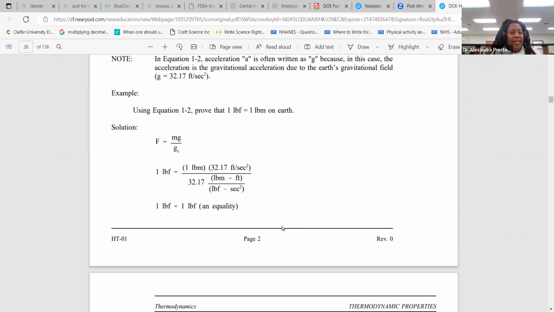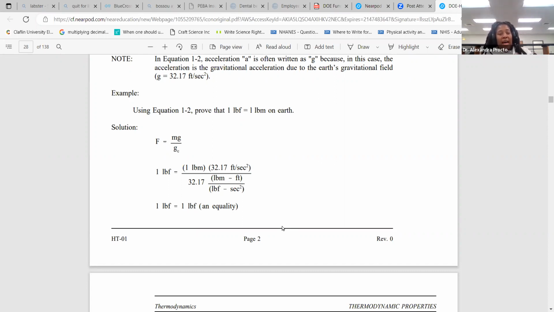So force is equal to mass times gravity. They're just showing you a solution here, and they're proving that that conversion factor is true here on Earth. So 1 pound force, they've substituted in, is equal to 1 pound mass times 32.17 feet per second squared, divided by that gravitational constant, which is 32.17 pound mass feet over pound force second squared.